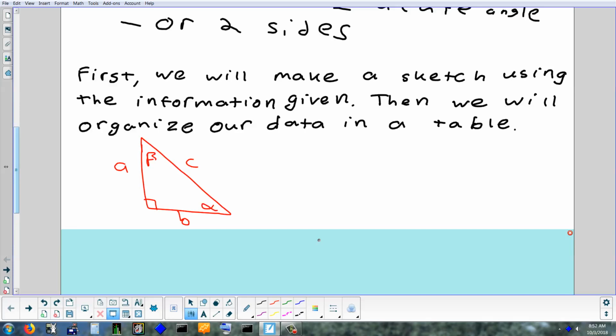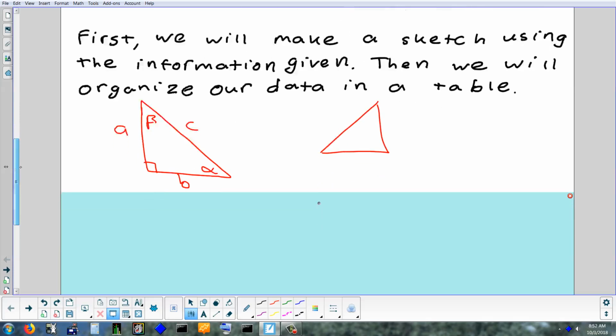I'll just erase whatever they give me and fill that in. You can draw this however you want, as long as you always keep A across from alpha and B across from beta, and C is the hypotenuse. If you want to draw it this way, that's fine. It doesn't matter how you draw it, because our drawing is not to scale.